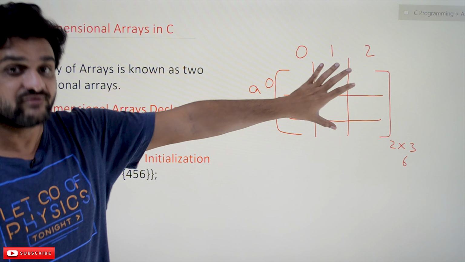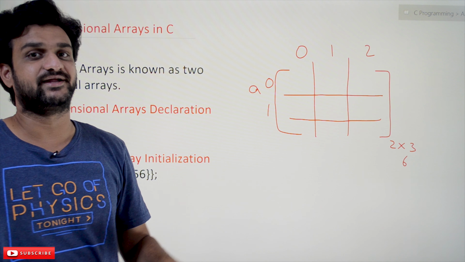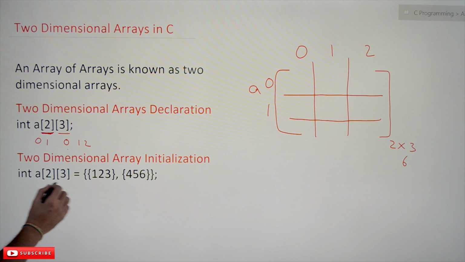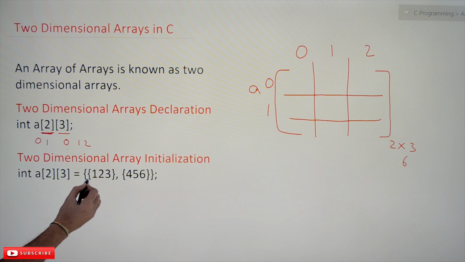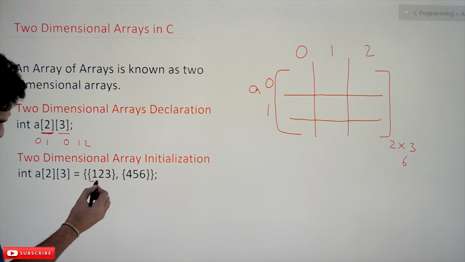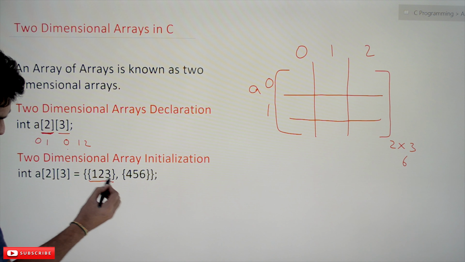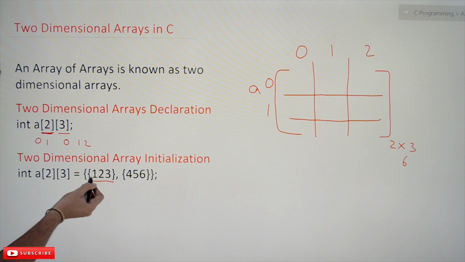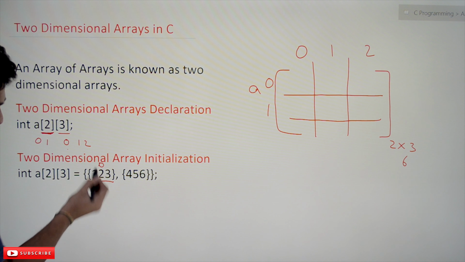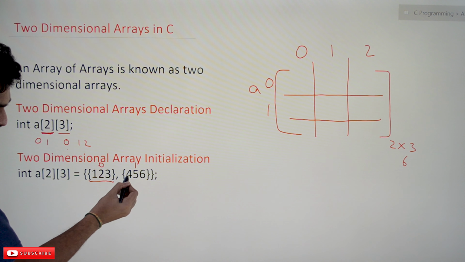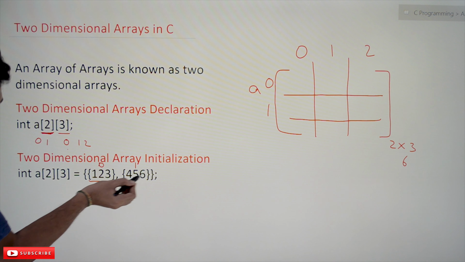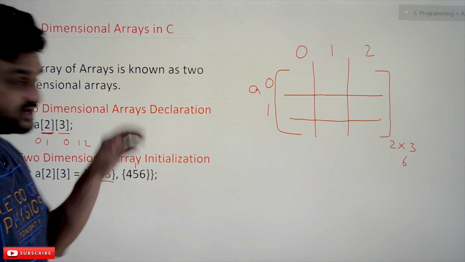Now, how to initialize an array? This is how the initialization can be done. The first three values are for the first row, and the next three are for the second row, and each value is inserted in a column.